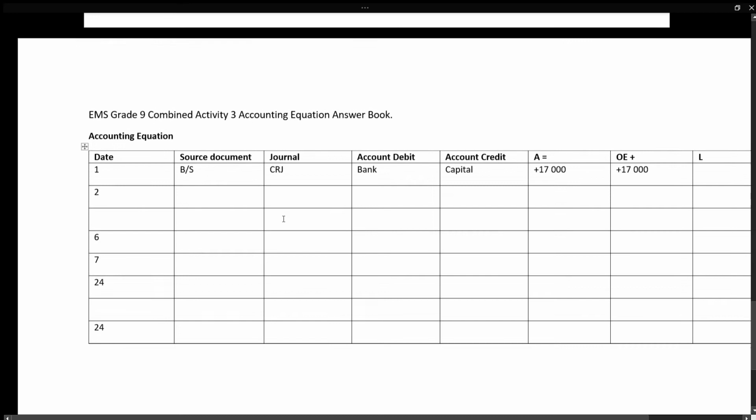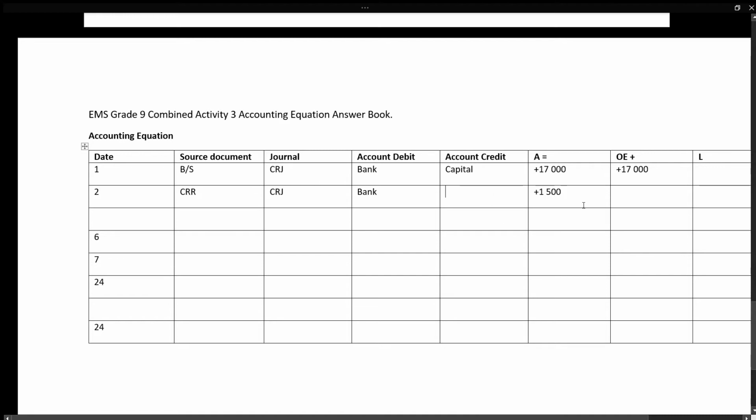When you have sales, your source document will be the cash register roll. We received money, so the journal will be cash receipt journal. The account being debited will be my bank since I'm receiving money, and the amount that I'm receiving is 1,500. Remember, as in the previous transaction, bank is an asset and increases in the debit side, as I indicated in my accounting equation.